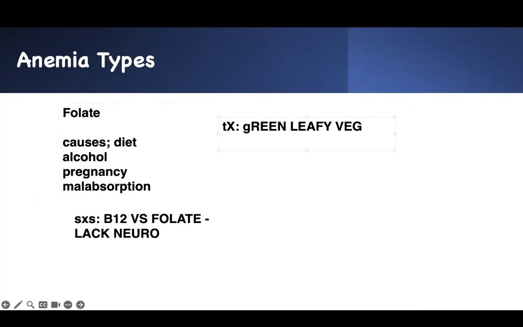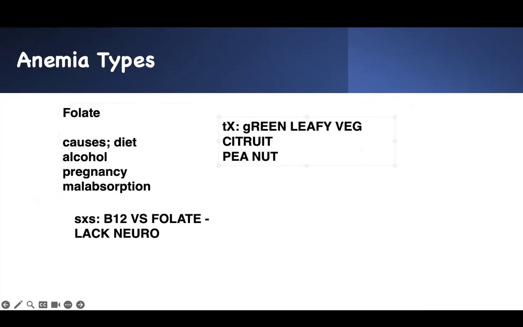Or fortified cereal can also help. The other thing too is citrus fruits are very good in folate, and also peanut butter. So when you're teaching a pregnant lady to increase her folate, these are the things you can tell her to help. But remember, no neurological symptoms, and that is the key difference between that one and B12 deficiency. This is very, very important.